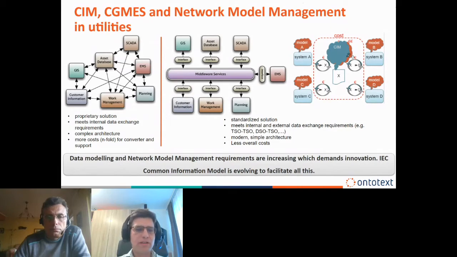And utilities are basically realizing that having a common information model and structured exchange, it's much more efficient. So that's why we want to use CIM as much as we can.